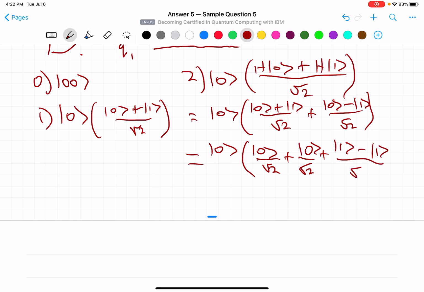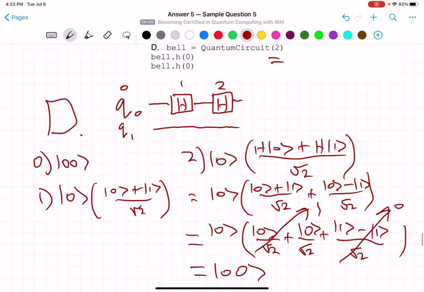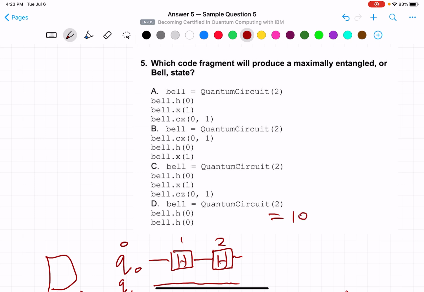And so since those will interfere, that goes to 0, and the amplitude for this one goes to 1, leaving us with an amplitude of 1. By definition, this is a tensor product, and therefore option D is not the right answer.